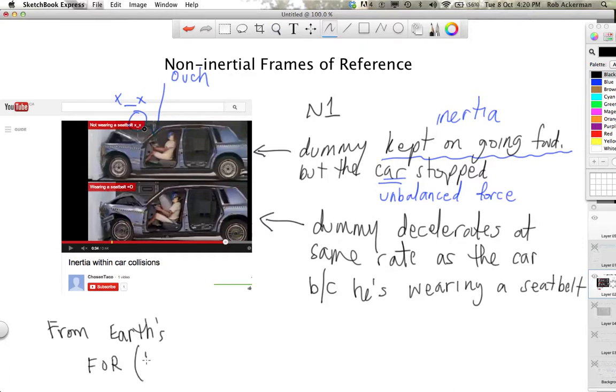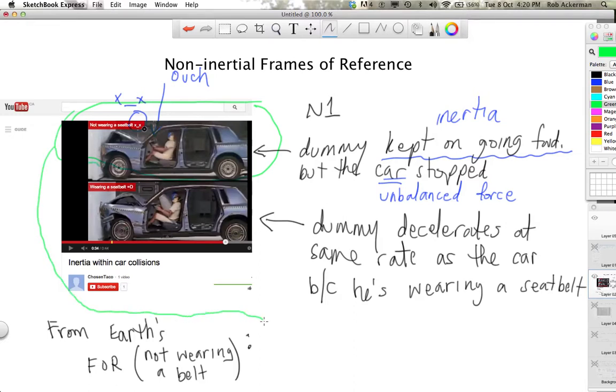When you are not wearing a seatbelt, what does the free body diagram look like if you watch this motion from Earth and the dummy is not wearing a seatbelt? In other words, the upper picture here. Take a moment to try to do that. Really think about this. What does this free body diagram look like from the Earth's frame of reference for a dummy not wearing a seatbelt? Pause the video, try to draw that.